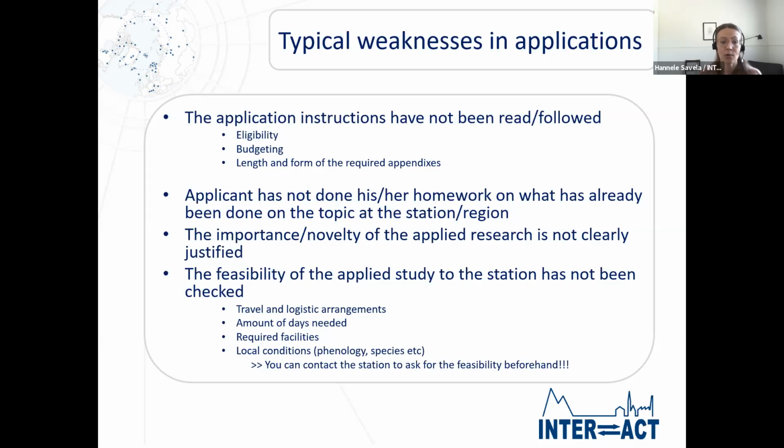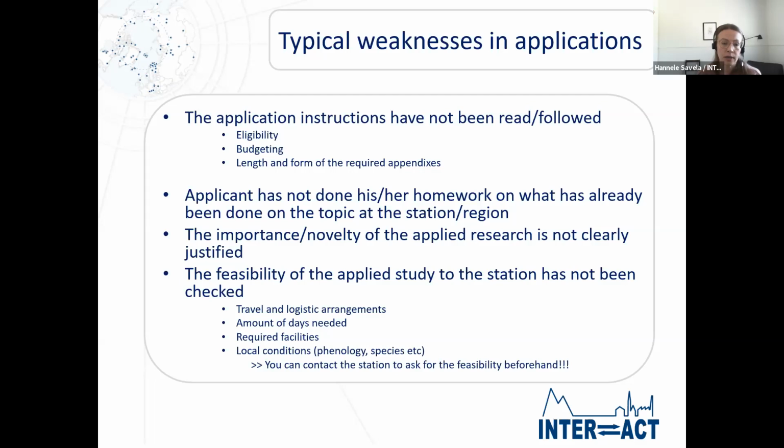Then the second typical weakness is that the applicant has not done their homework on what has already been done on the topic at the station or region. So you are encouraged to read the station description on the Interact website to learn what kind of studies have been done at the station before. And if needed, you can always also contact the station manager to ask more detailed questions about the history of the kind of research you are planning to do at the station.